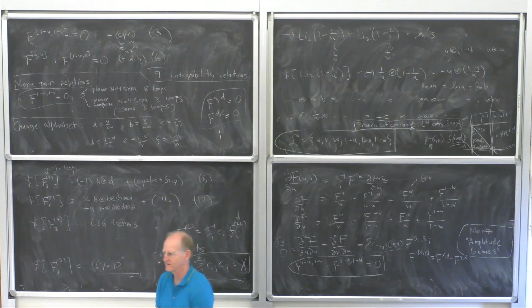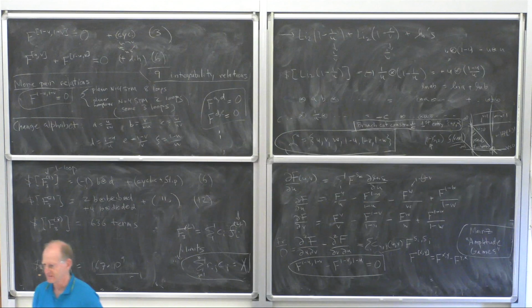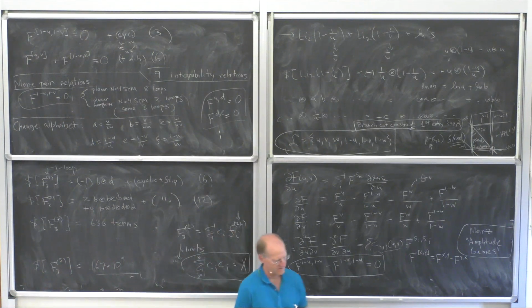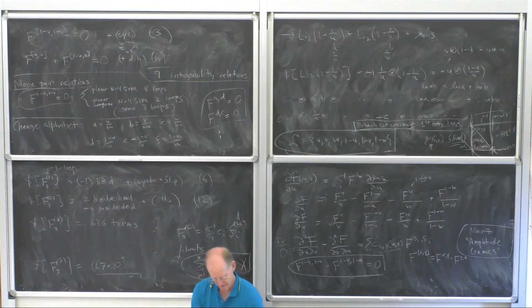Why is it possible in these n equals 4 calculations to go to high loop order so easily? Well, the bottom line is that it's an integrable quantum field theory. It's kind of strange. There are some kinds of integrability that are not allowed to happen above 2 dimensions. But this is a different kind, and it happens.